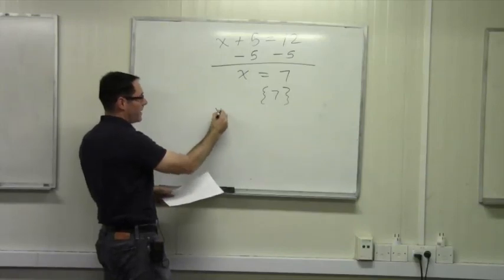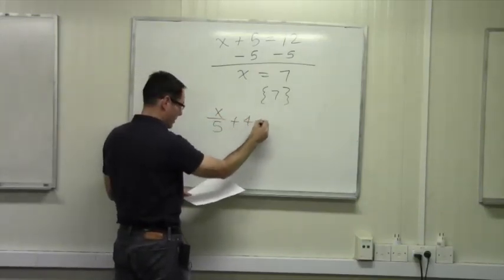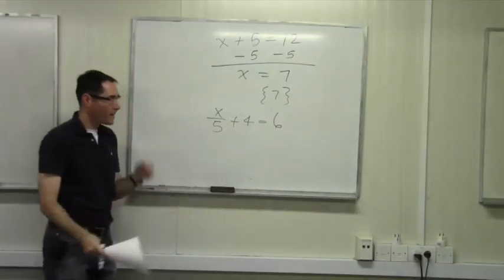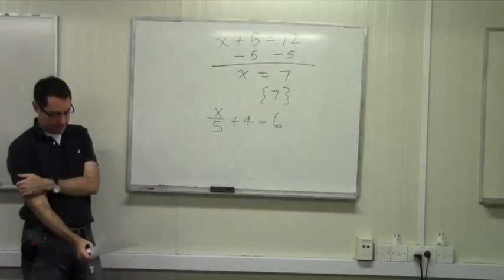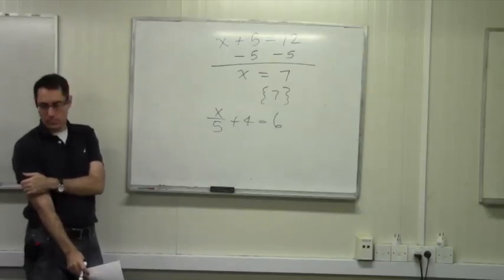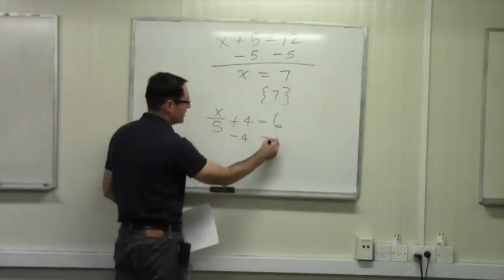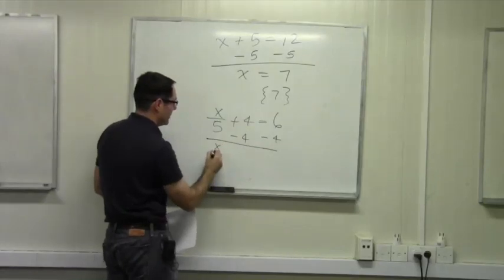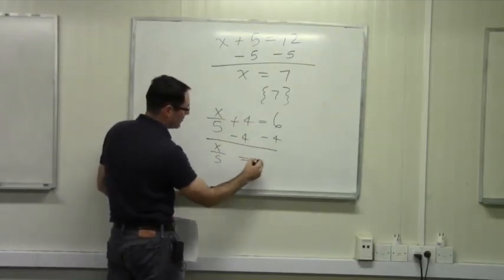How about x divided by 5 plus 4 equals 6? This one's a two-stepper. Step number 1, subtract 4 from both sides. We're left with x divided by 5 by itself equals 2.